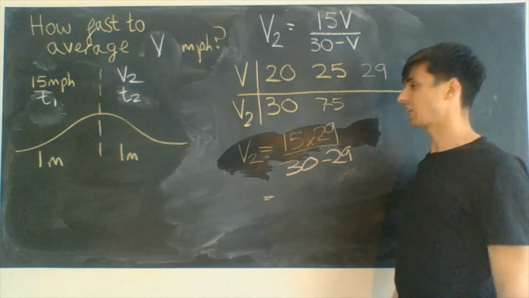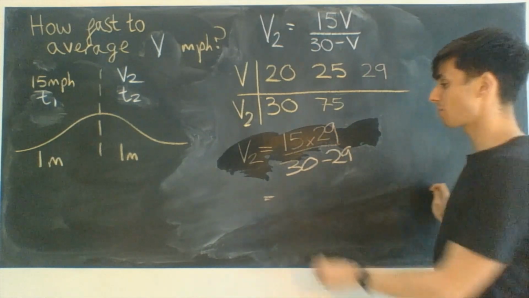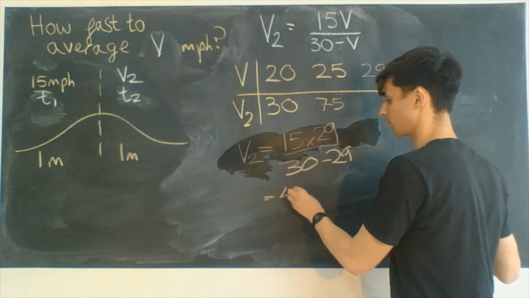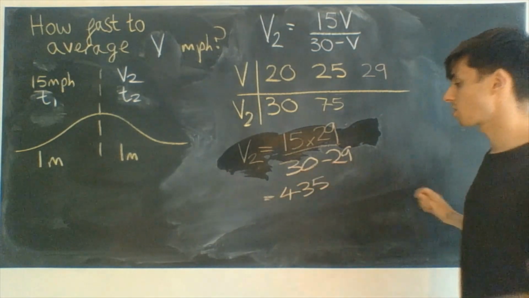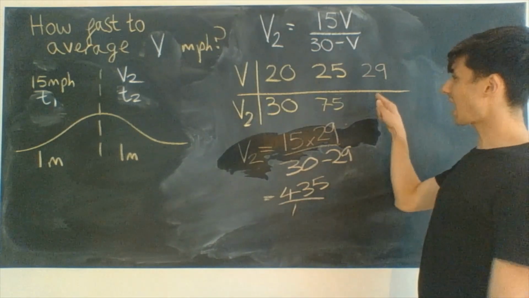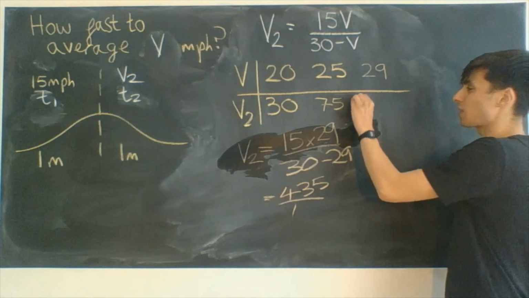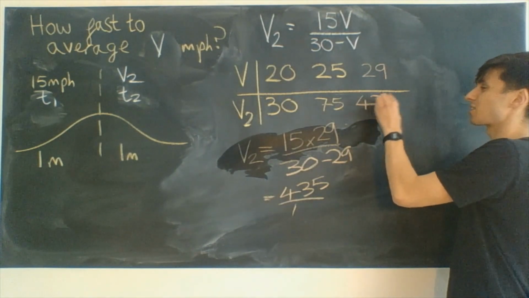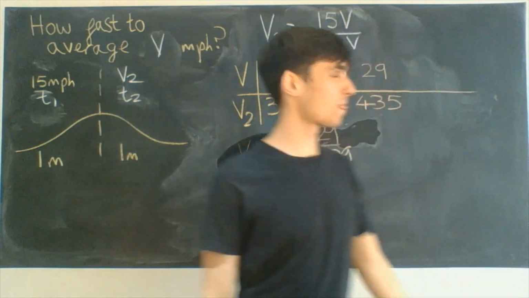Thinking about what that's going to give us, 15 times 29 is 435, and on the bottom, 30 take away 29 just gives us 1. So to average 29 miles per hour for the journey, you need to be going 435 miles per hour on your downhill.